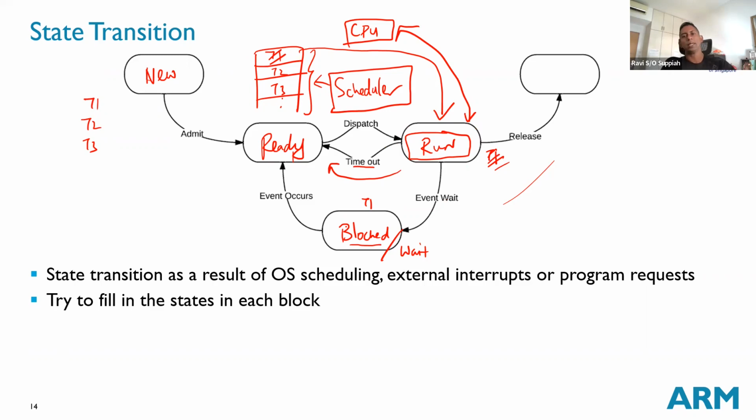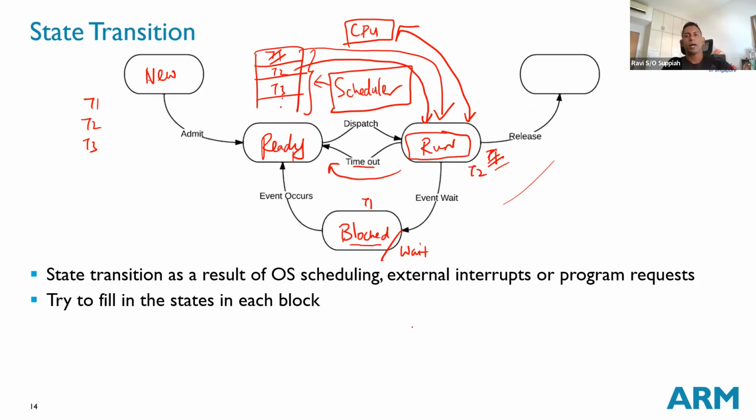So the moment the running task transitions out of the running state, let's say it goes to the block state, the scheduler knows that the CPU is now free. It will select the next task in the queue to take over the CPU. So it will become task 2.